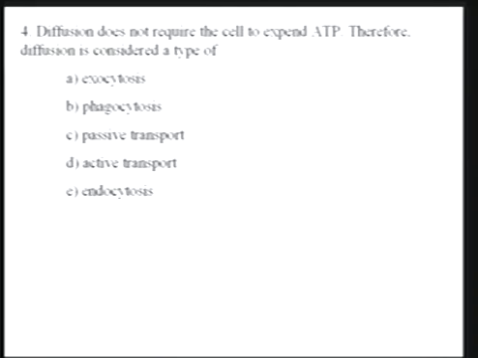All right, next question. Diffusion. So how would we classify diffusion since it doesn't require ATP usage? Well, by the last question, you know D is incorrect, right? Because D requires the ATP usage.